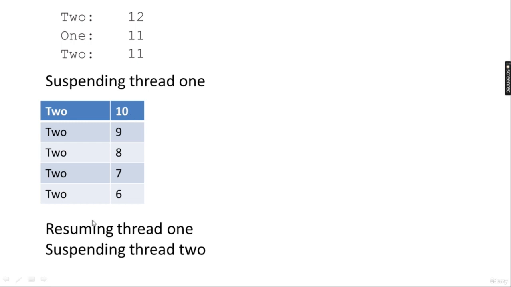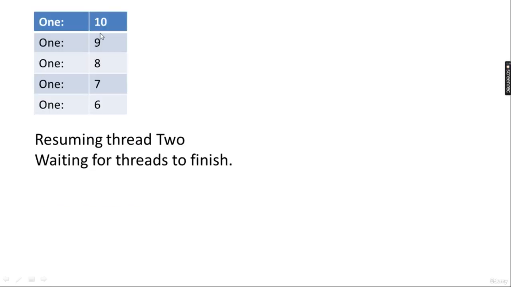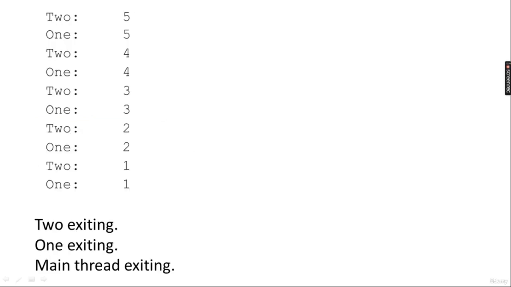After that only 2 is running, and 10, 9, 8, 7 and 6 are printed. Resuming thread 1. So now 1 will run and 2 will be suspended. Then only 1 runs, 10, 9, 8, 7, 6. Then resuming thread 2. Waiting for threads to finish.